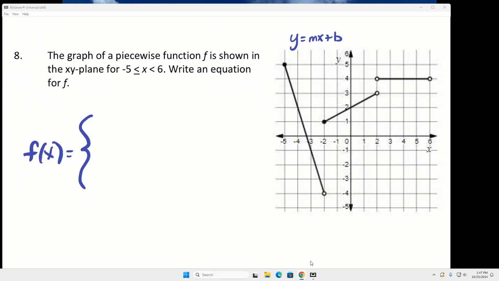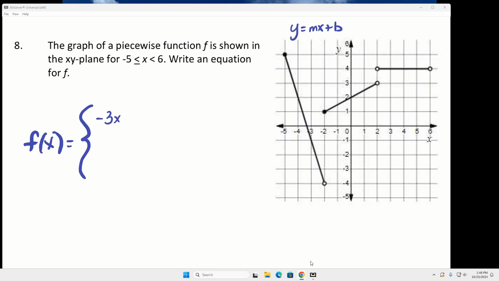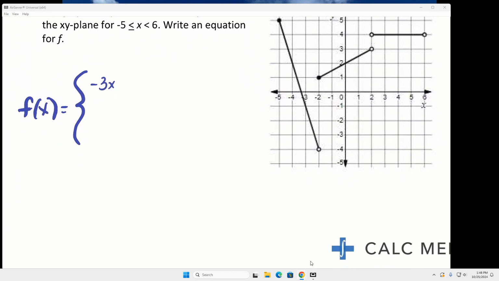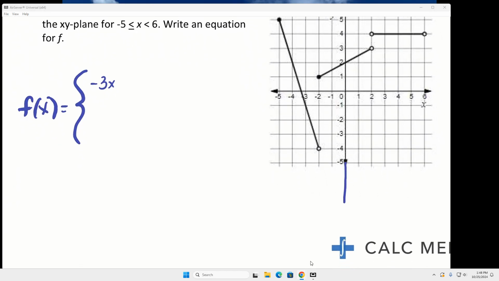So the first piece, we're trying to figure out the slope. To move along, looks like we're going down 3, right 1, down 3, right 1. That's the slope of -3. But we can't see where it crosses the y-axis, so we can't see the y-intercept. So I'm just going to continue the graph.